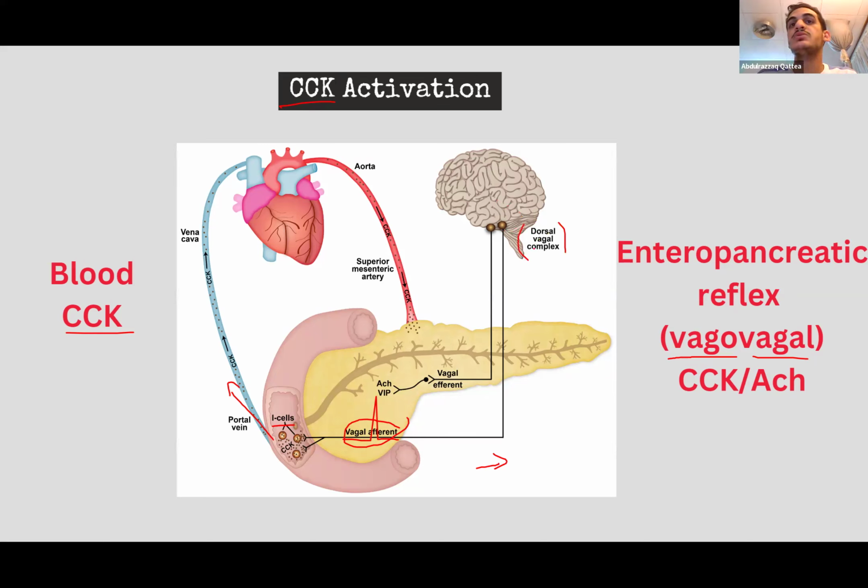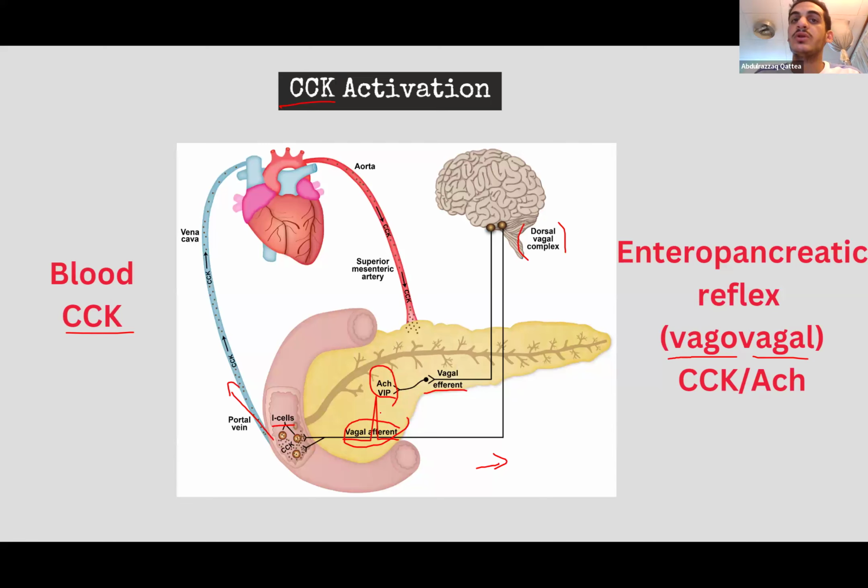dorsal vagal complex will send a signal through the efferent, through the vagal efferent. Efferent means from the brain to the parts of the body. And this vagal efferent will release acetylcholine and VIP.